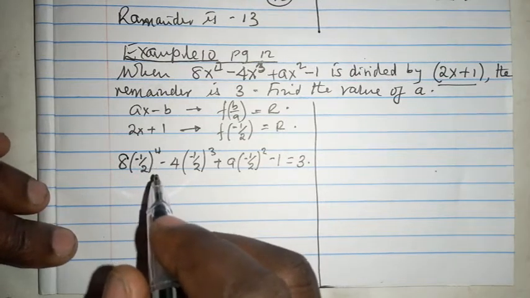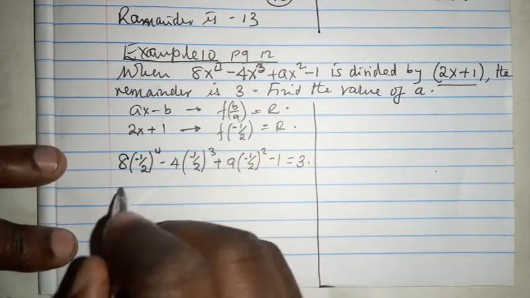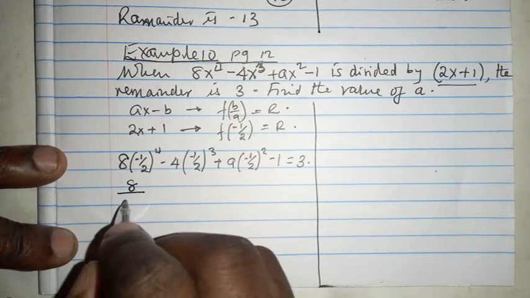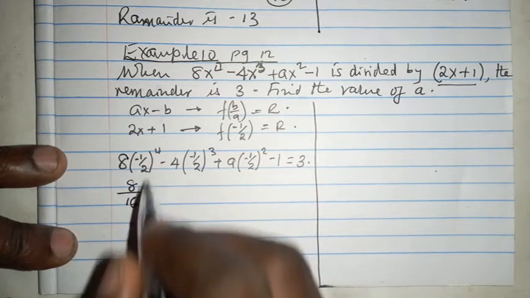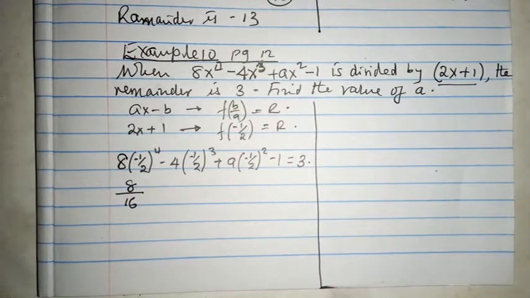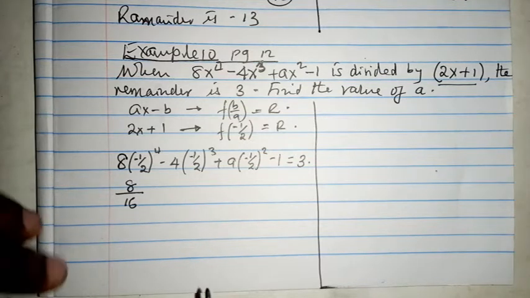Minus a half raised to power 4 is obviously 1 out of 16, so 8 out of 16, and because the power is even, we have a positive value.